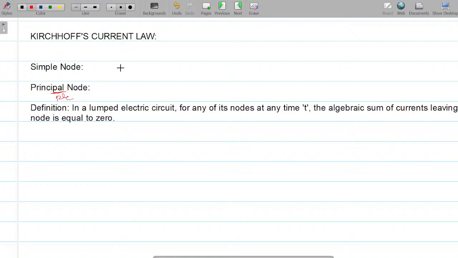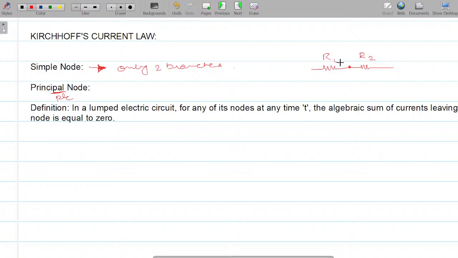Anyway, so a simple node is an interconnection between only two branches. So something of this sort. Even this qualifies as a node.